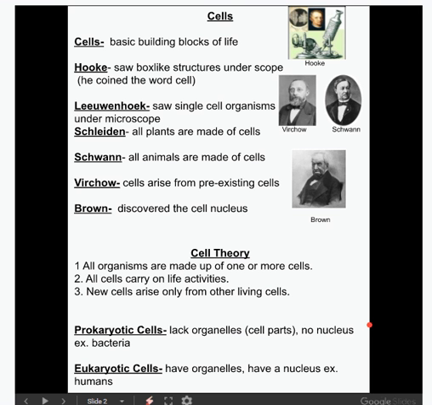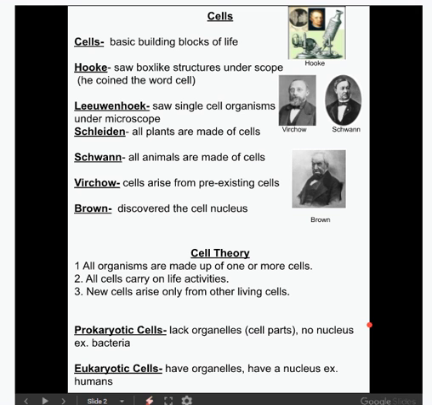So he took slices of cork, which are dried up plant cells, and he was able to coin the term cell. Anton van Leeuwenhoek saw single-celled organisms under microscopes that he made himself.